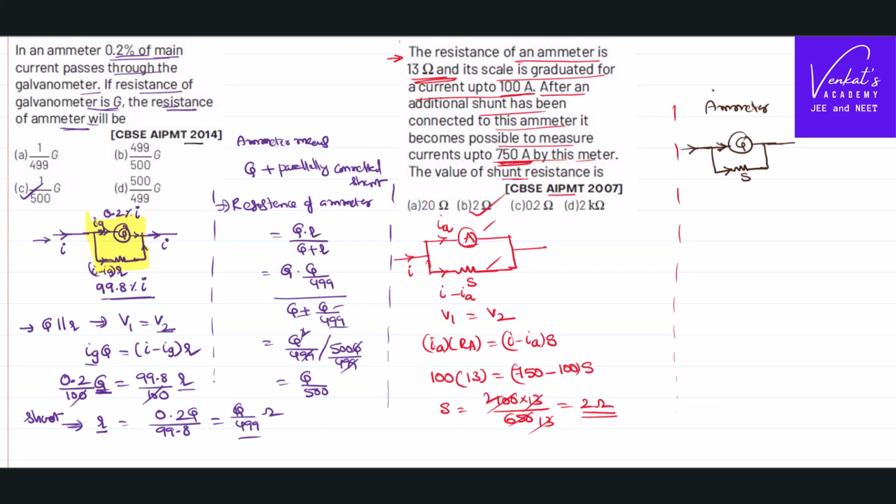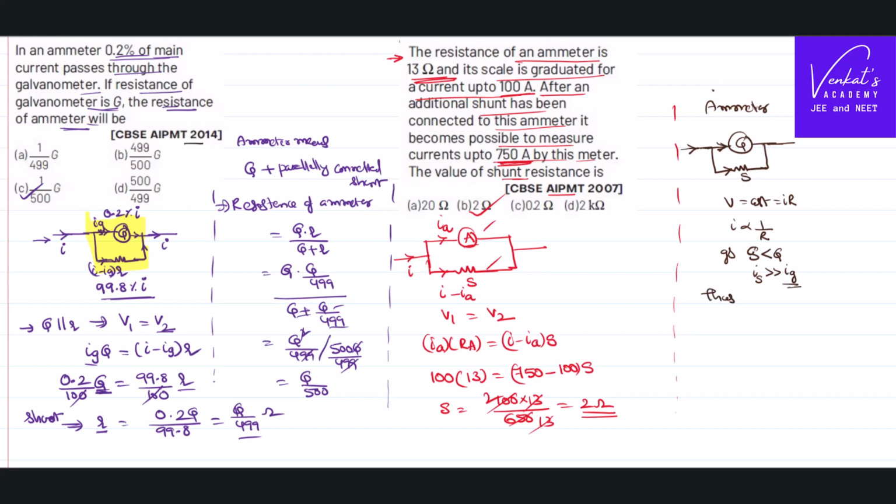As they are in parallel, V is the same, that is IR. So I is inversely proportional to R. As the shunt resistance is much smaller than the galvanometer, the current passing through the shunt is much larger than the current passing through the galvanometer.